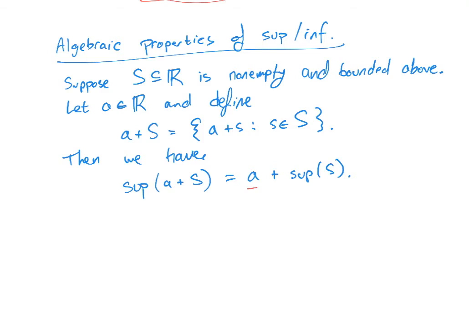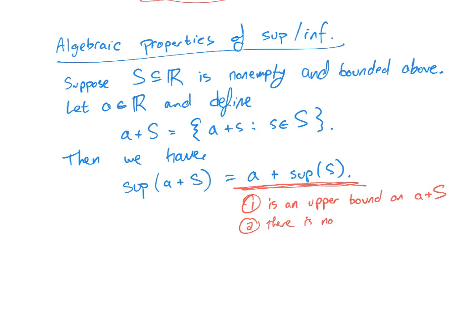You want to prove that this is the sup, so you want to prove first that this is an upper bound on A plus S. Okay. And two, that there is no smaller upper bound on A plus S. Okay.